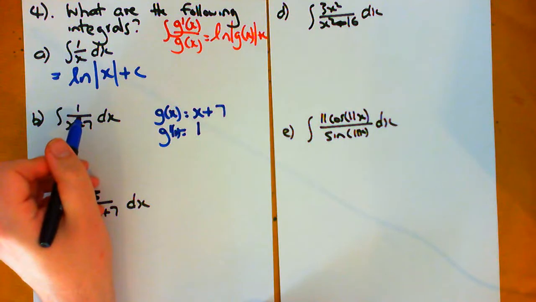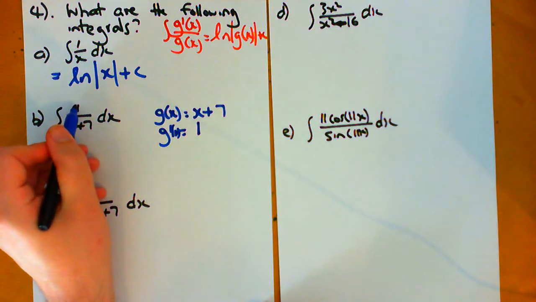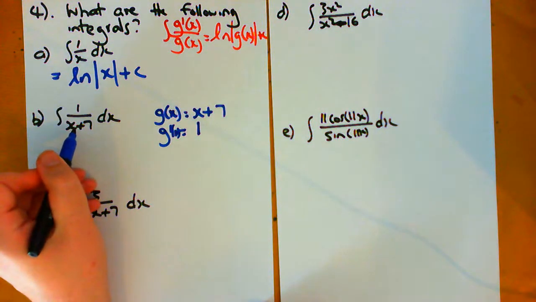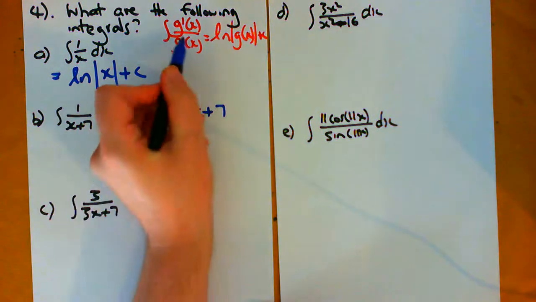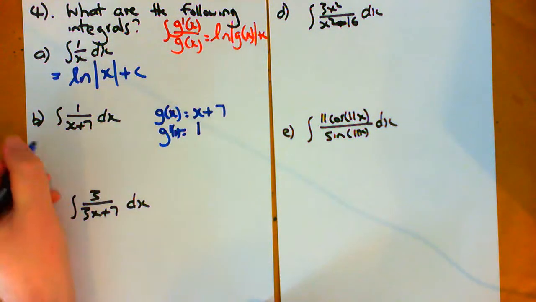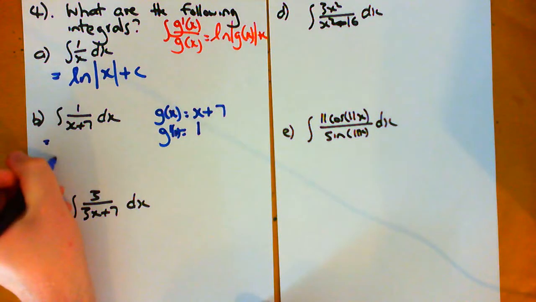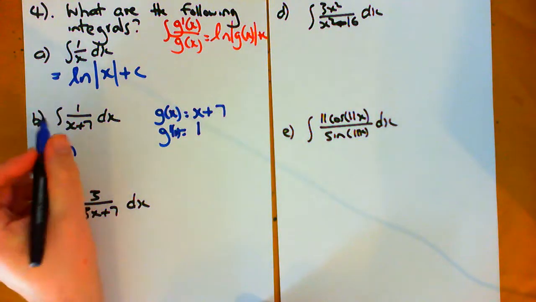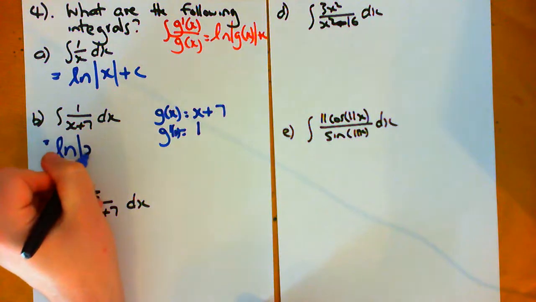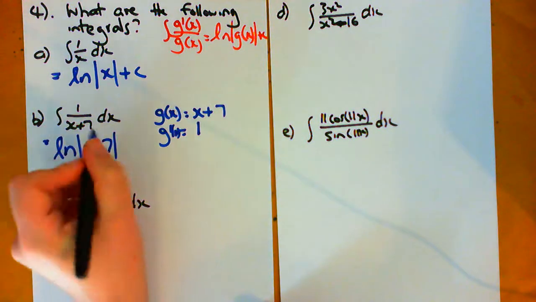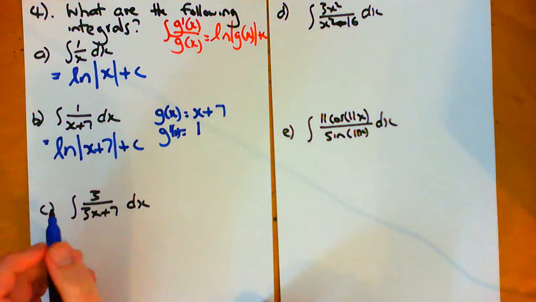So this has exactly that form. G dash on the top was 1 and g was equal to the bottom. So it is exactly of this form, which tells us that we will end up with ln of the bottom. So ln of x plus 7 plus your constant.